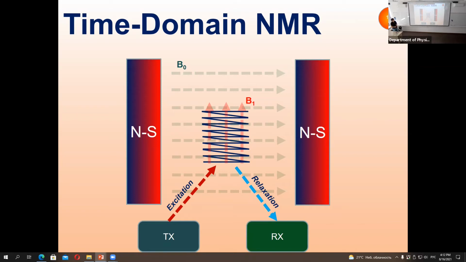We put there a sample that contains hydrogen nuclei. We give a very strong pulse, hundreds of watts of radio frequency, exactly at 42 megahertz. After the pulse, all these quantum effects will take place, and then the relaxation starts, and the relaxation must be detected by the receiver.